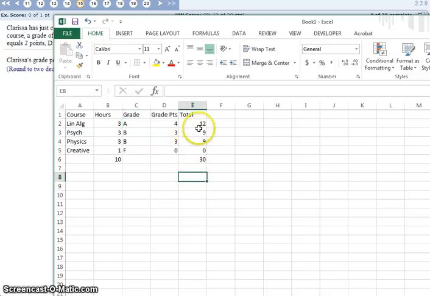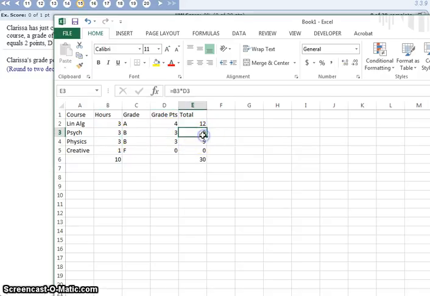And so what you want to do is calculate the total here. So if you have a 3-hour course and you get an A, which is worth 4 points, you want to do 3 times 4. So you get credit for each of those hours, for a total of 12. If you have a 3-hour course and you get a B, that's worth 3 points.